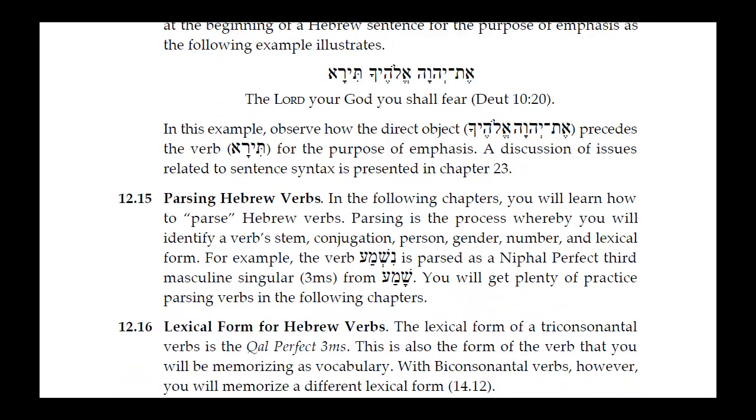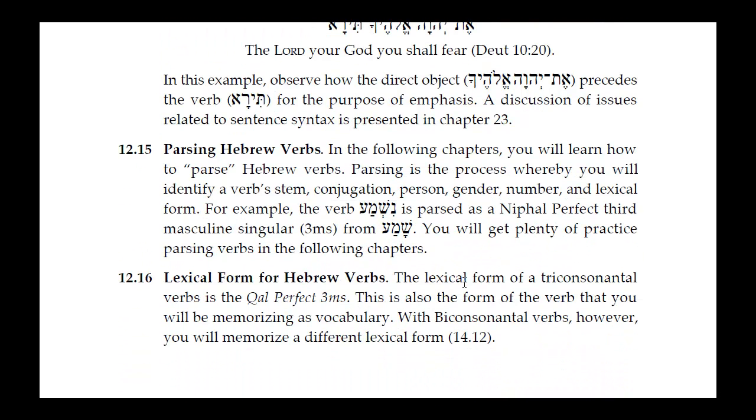So let's go ahead and get into parsing of Hebrew verbs. In the following chapters, you'll learn how to parse Hebrew verbs. Parsing is a process where you'll be able to identify the verb stem, like qal stem or niphal, its conjugation, whether it's perfect or imperfect or imperative, the person, the gender, and the number, and the lexical form in which we found it.